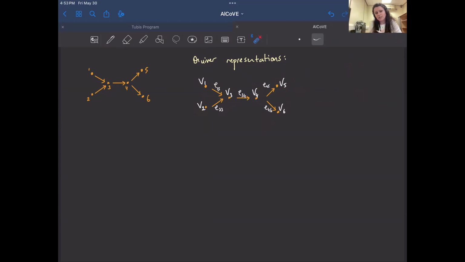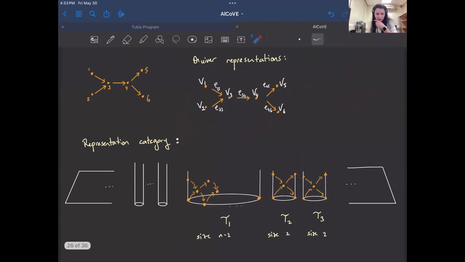In this case there are infinitely many representations that you can use to build any representation of this form, but they fit together nicely. If I look at all possible indecomposable representations in this setting, we understand the representation category, even though we have infinitely many objects in it.